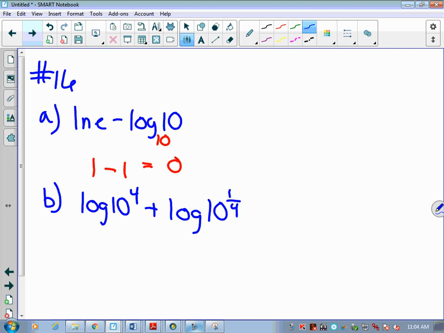All right, because these are log base 10s, right? So they're effectively 1 by themselves. So what we need to do is actually take these exponents and move them out front. And what that winds up with as we drop the log is 4 times 1/4, which is 1. Okay, did you guys get 1 as an answer on B?